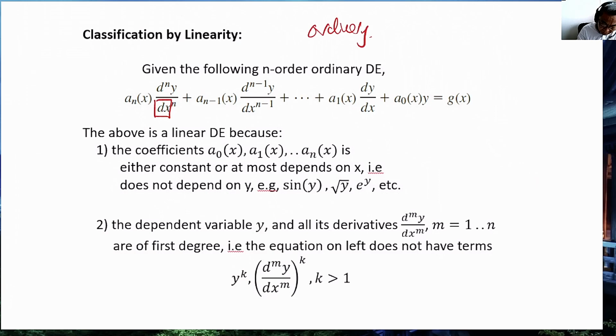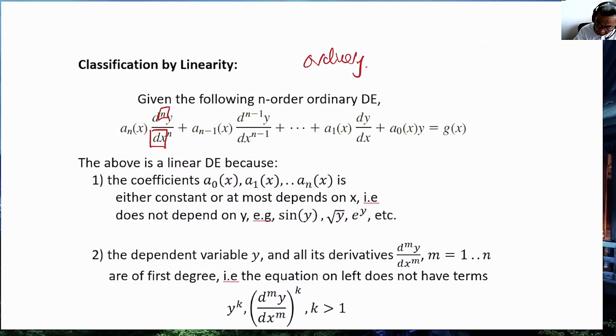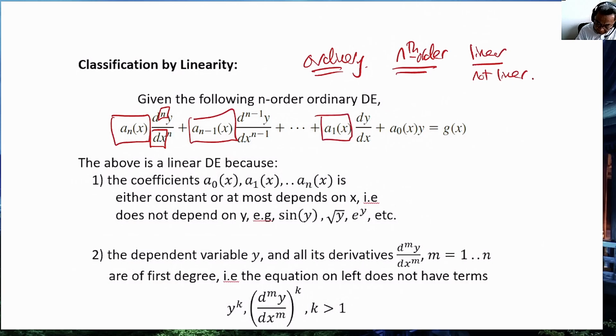We have high order, so n can be 1, 2, 3, whatever we want, and we have ordinary nth order. Now, whether it's linear or not linear depends on this term here.